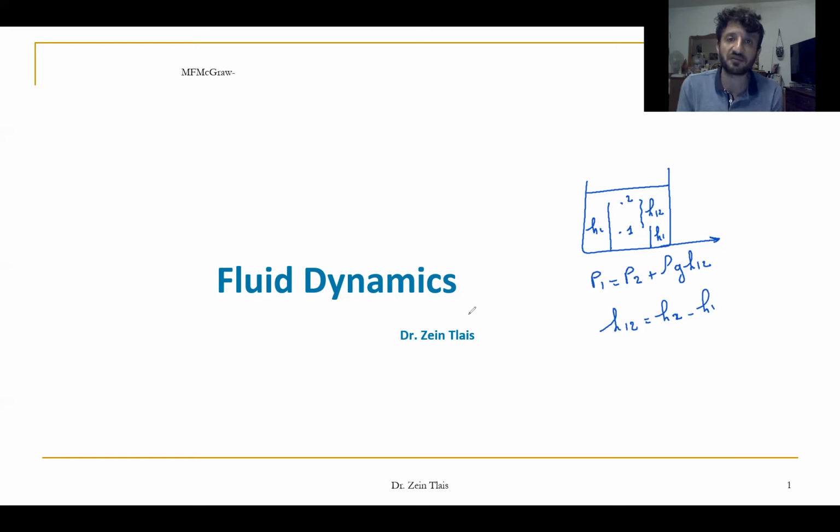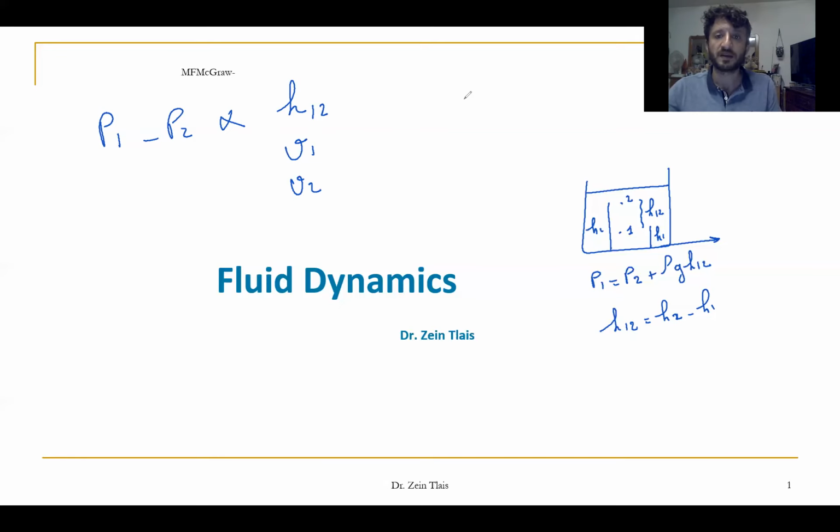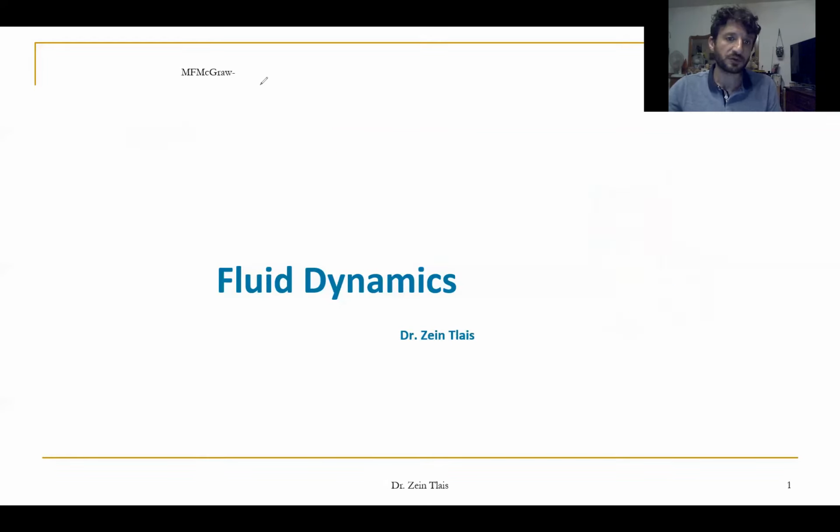So we must have an equation where we have P1 minus P2, and it must be in function of the height between 1 and 2 and the velocity V1 and the velocity at the point 2, V2.